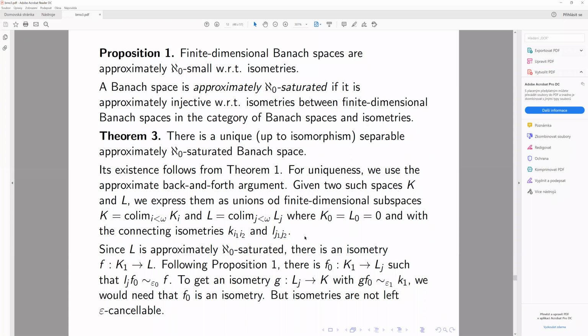Now, since this L is isosaturated, there is an isometry from K1 to L. Why? Because I go from K0 to L, where K0 is just 0, and I use this approximate saturation to get this extension. That's not an extension but a silent extension, but it's an isometry, like in the usual situation.